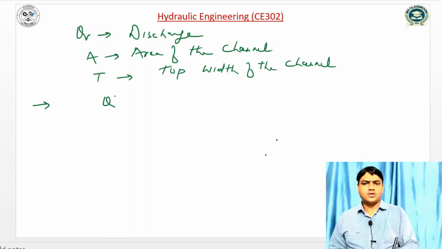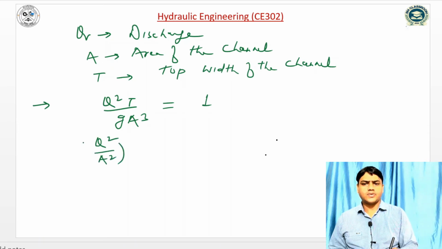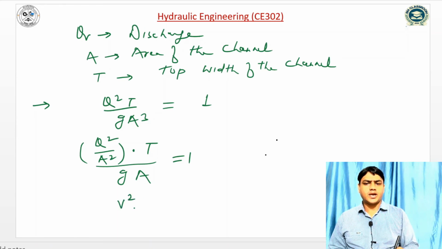So we can write Q square T by g A cube is equal to 1, or we can also write Q square by A square into T divided by g into A is equal to unity, or Q square by A square we can write V square, into A by T over g, is equal to unity.